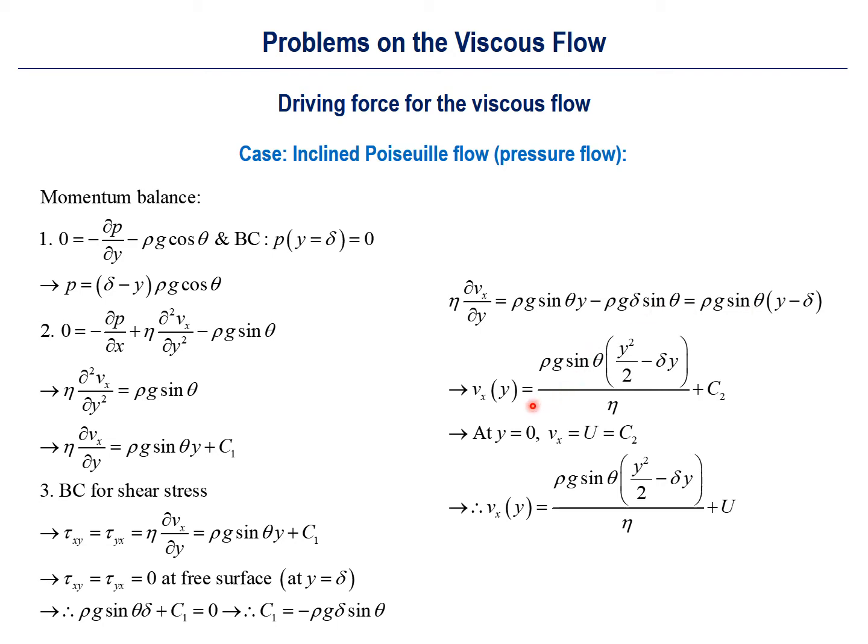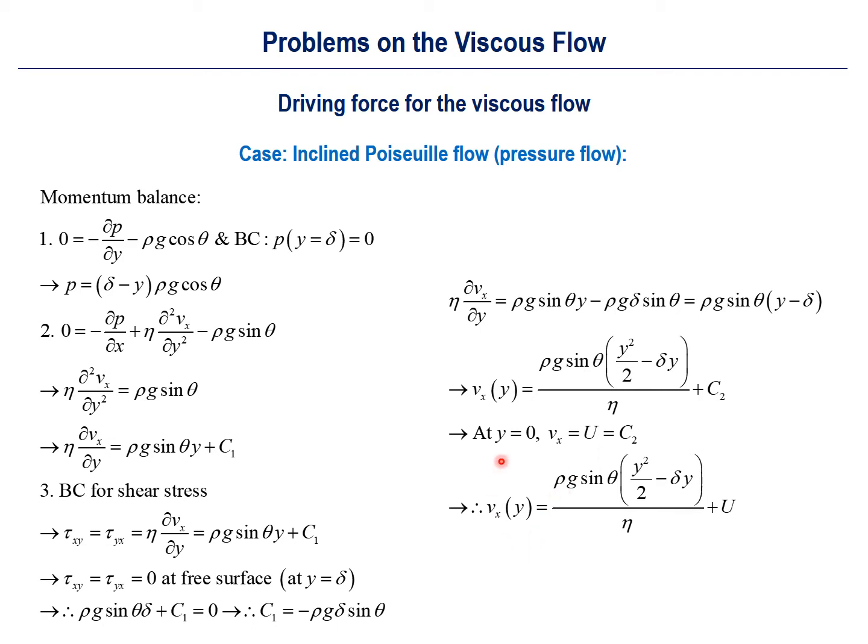So this means that we can find the entire velocity profile in the x direction as a function of y, and there will be another unknown constant, C sub 2 here. Using the boundary condition at the inner surface of the plate, which is at position y equals 0, you can calculate the remaining unknown constant C sub 2 as U here.